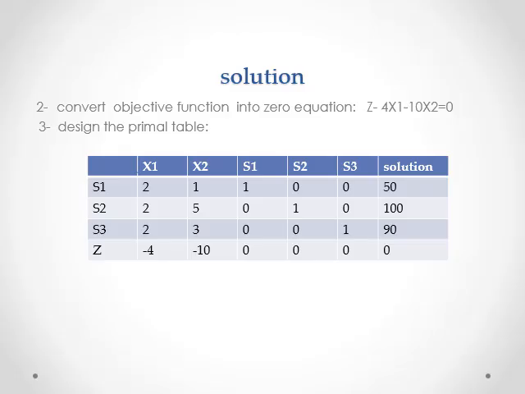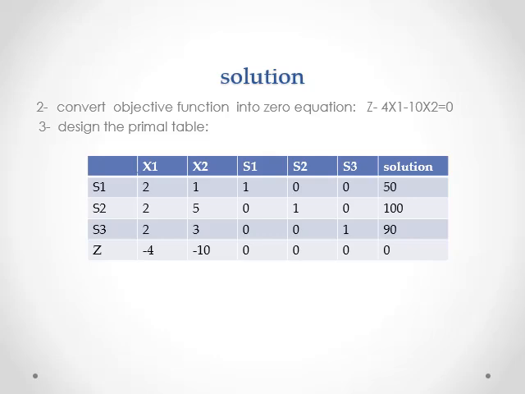Now, if we return back to the standard form, 2 is a coefficient of x1 in the first constraint, or in the first standard form or equation. 1 is the coefficient of x2.